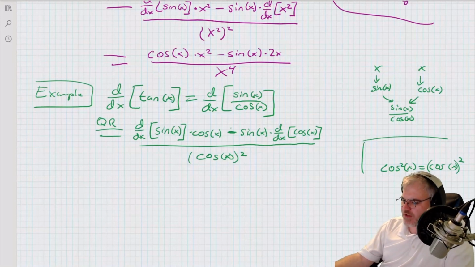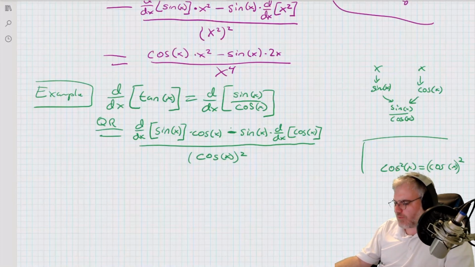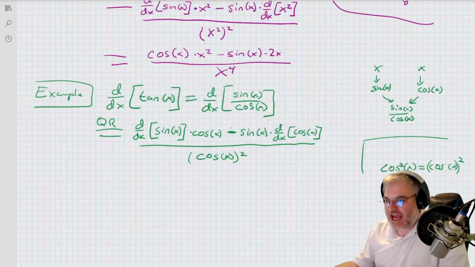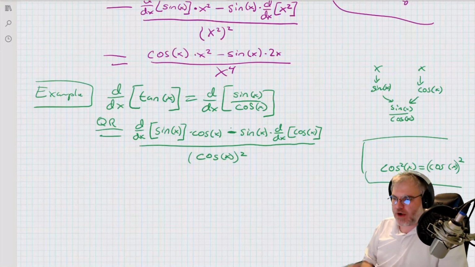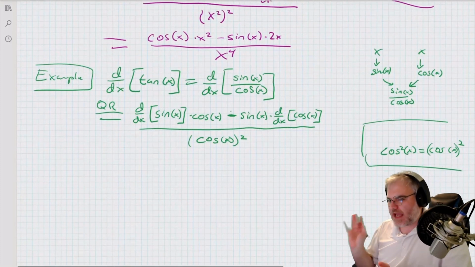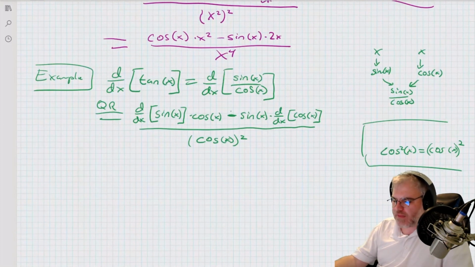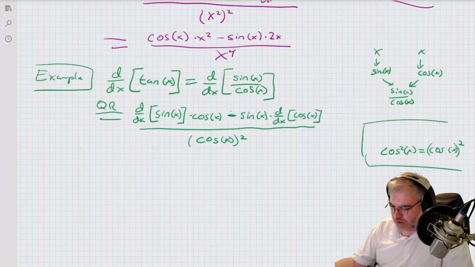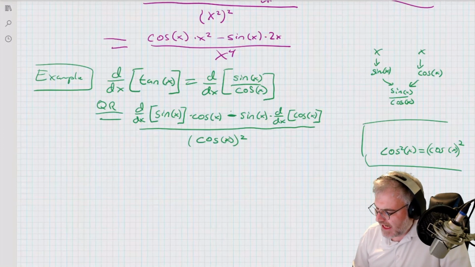Every time you see this square thing, you convert it to this. Because later we're going to have a -1 up here, and that's not going to mean the same thing as the exponent. It's going to drive you absolutely bonkers. So just bear that in mind. It's better to pull that square off onto the side and leave it there. Don't mess with cosine squared ever again. Do cosine of x squared. Anyway.